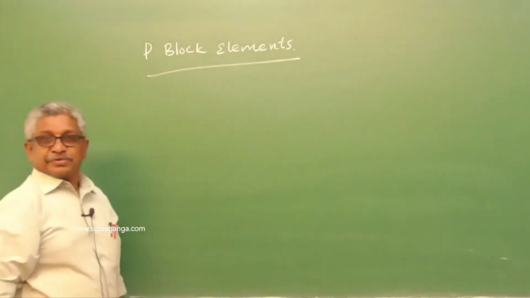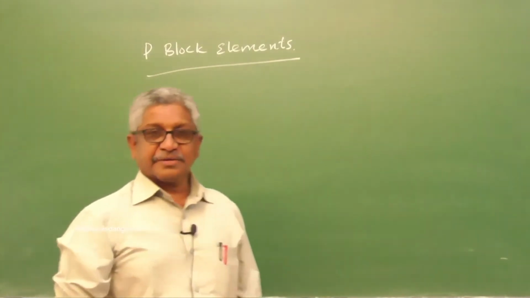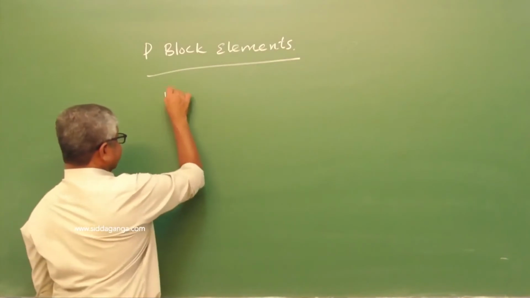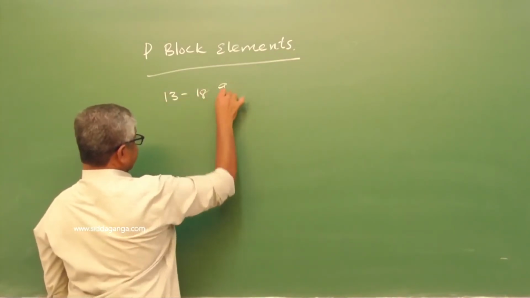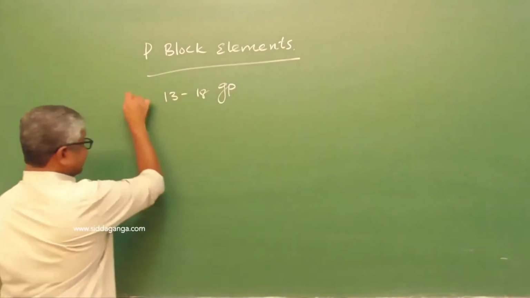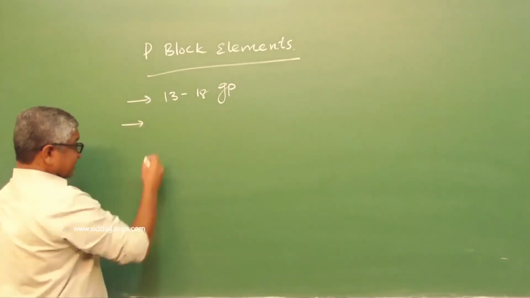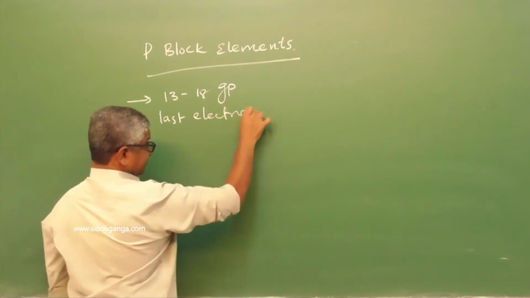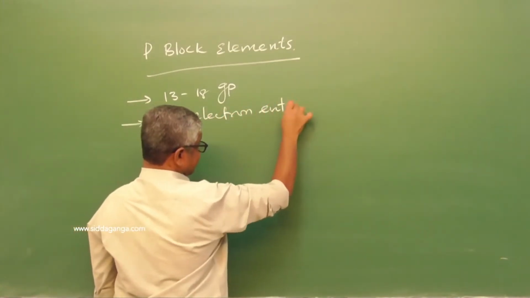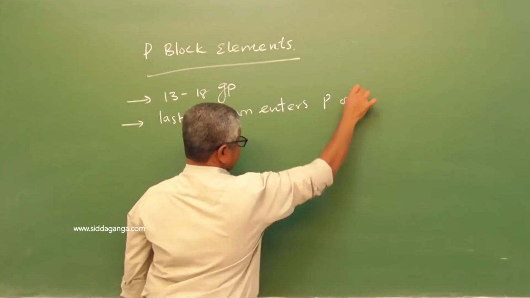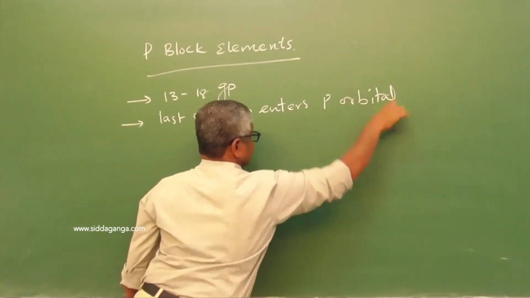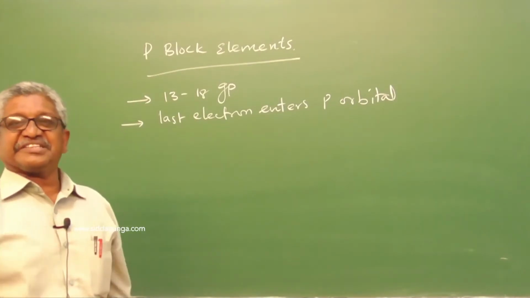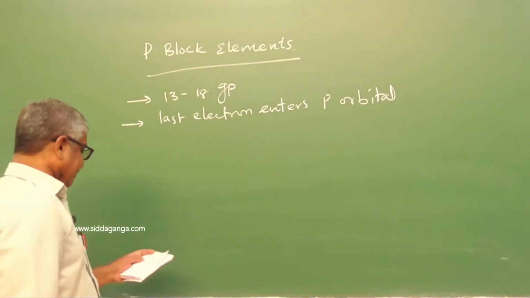Which groups are P block elements? The 13th group to the 18th group are P block elements. When the last electron enters the P orbital, it is called a P block element.